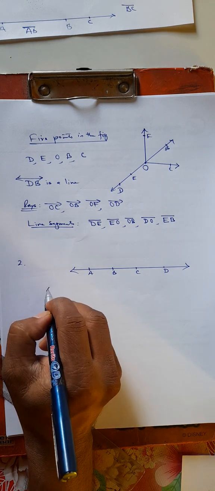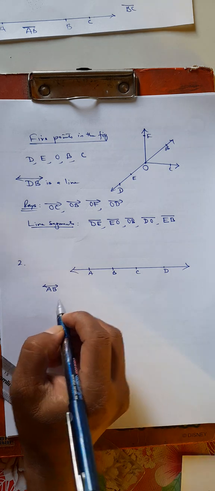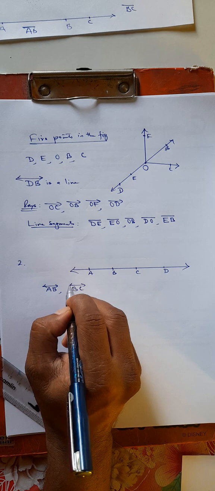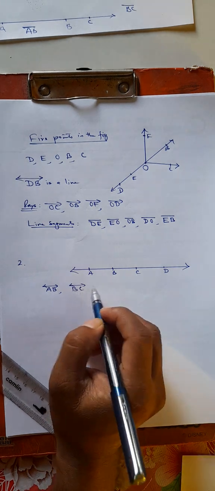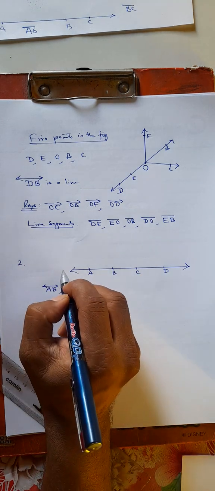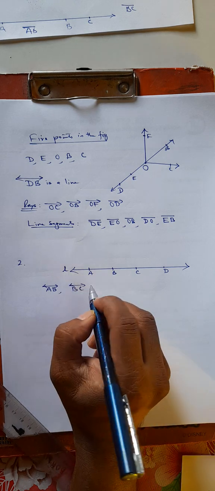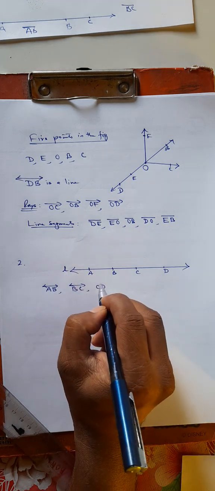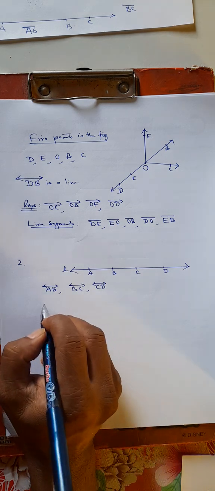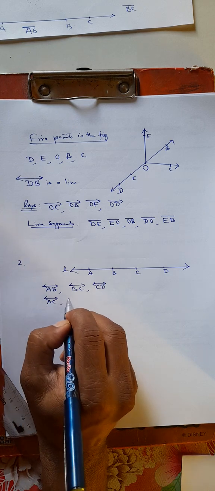So you can name it as line AB, right? Or you can name this as line BC. If you extend line segment BC on either side, left and right, you will get this line. So I say this line is denoted by L. So BC refers to this line L. Similarly, CD refers to the line L. Similarly, we can name it as AC or AD.